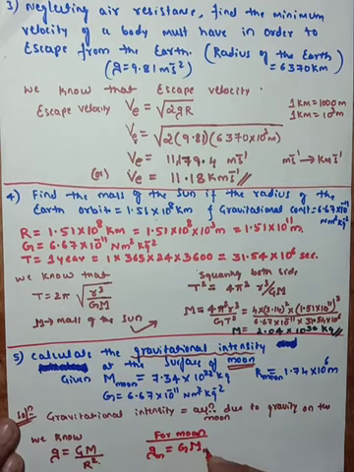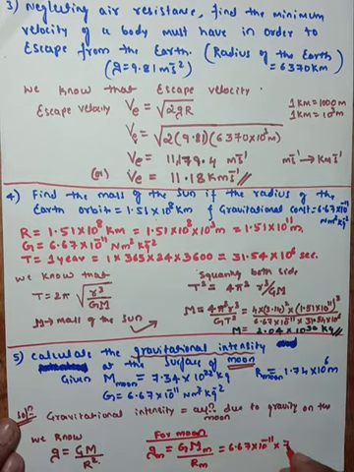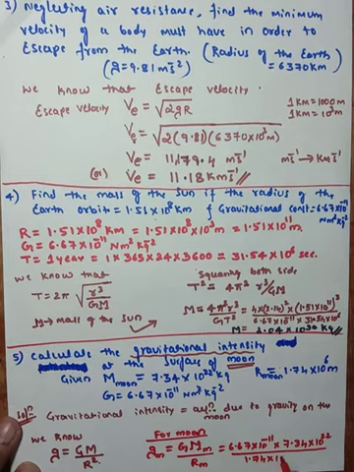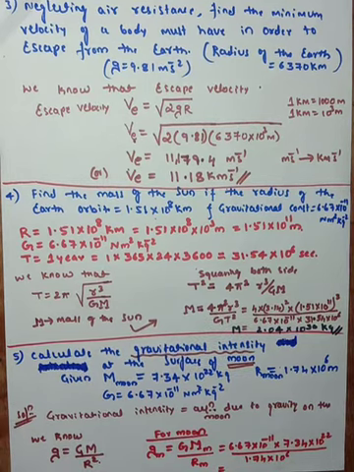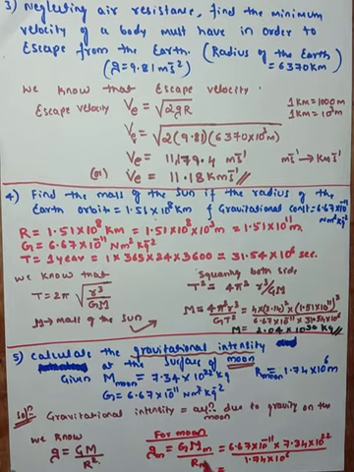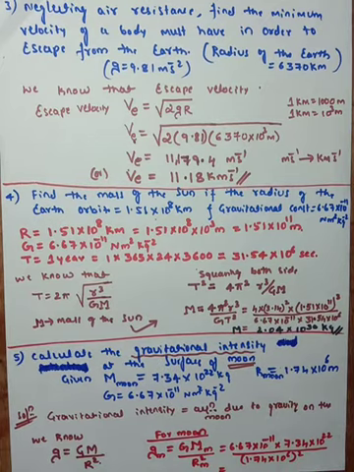This is the mass of the moon, then the radius of the moon, which is equal to 6.67 into 10 raised to minus 11 into 7.34 into 10 raised to 22 whole divided by 1.74 into 10 raised to 6, sorry, this is r square, so square is there, sorry for that.